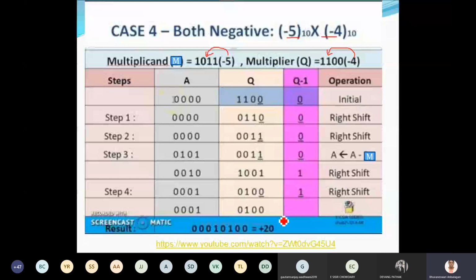Okay, so minus into minus, so a positive sign is coming, obviously. So Booth algorithm is for performing the multiplication operation upon binary numbers. Even though your input is a decimal number, internally it is performing all these operations not with decimal numbers but with binary numbers only.